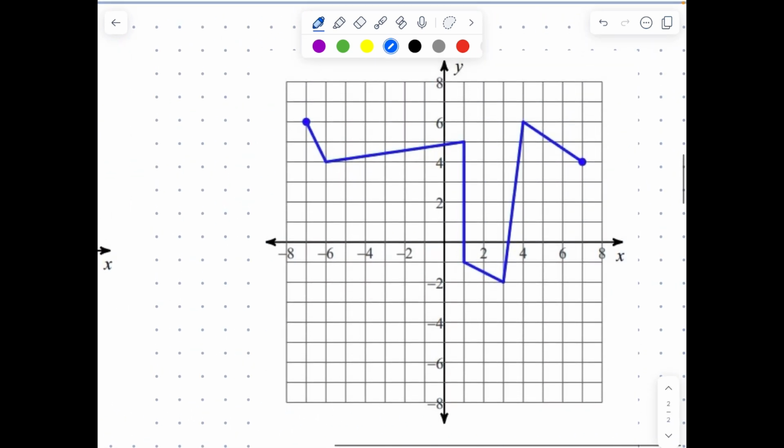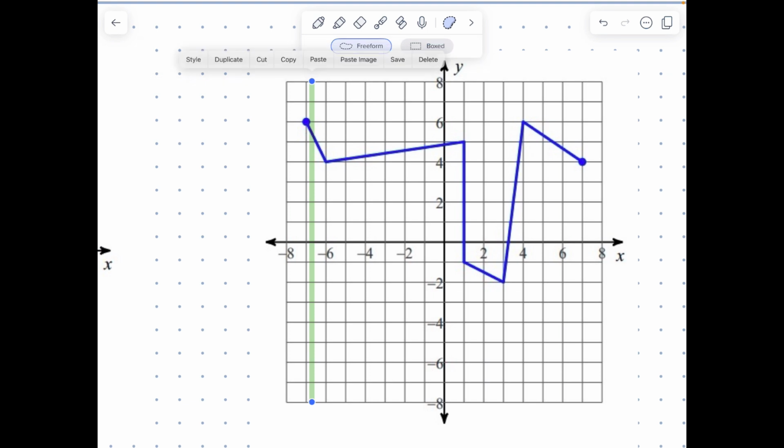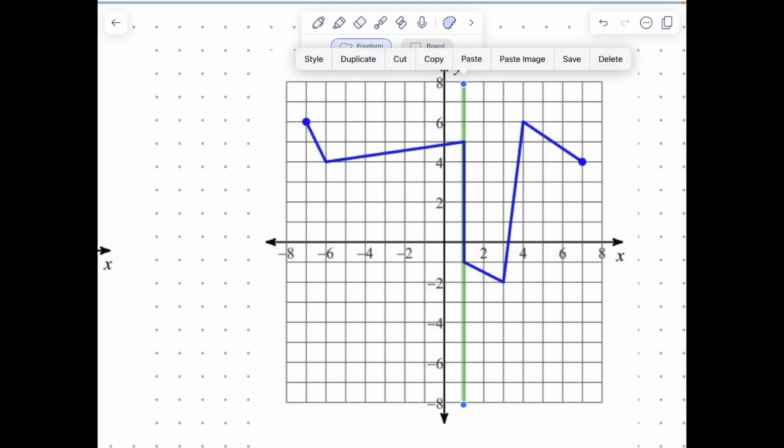Now let's check this one. So we have our vertical line. We're going to see. Okay, so far still a function, still a function, still a function, still a function, still a function. But look what happens when we get to x equaling 1. So you see, as you're following the function from left to right, or the relation from left to right, the first point we see as we're driving along this path is 1,5.